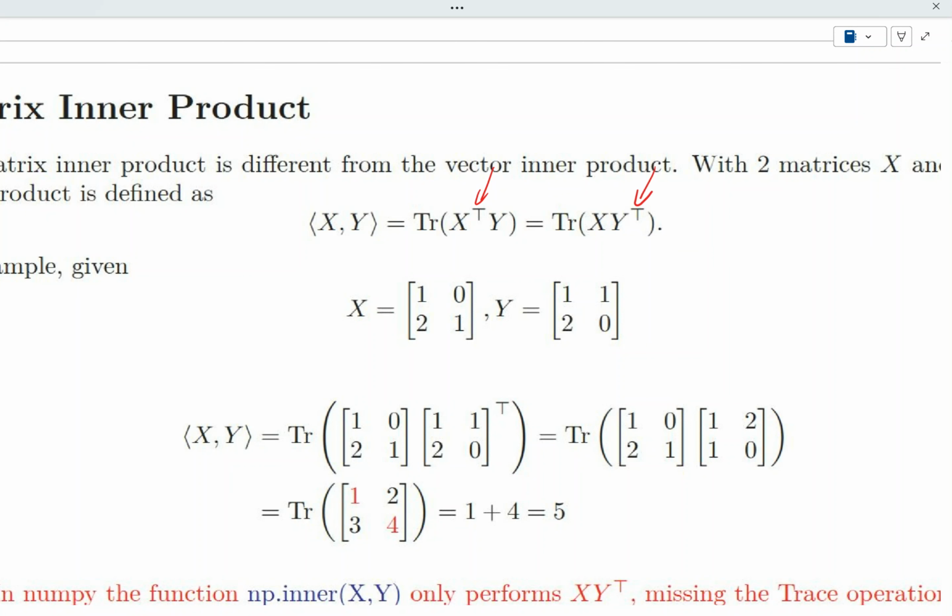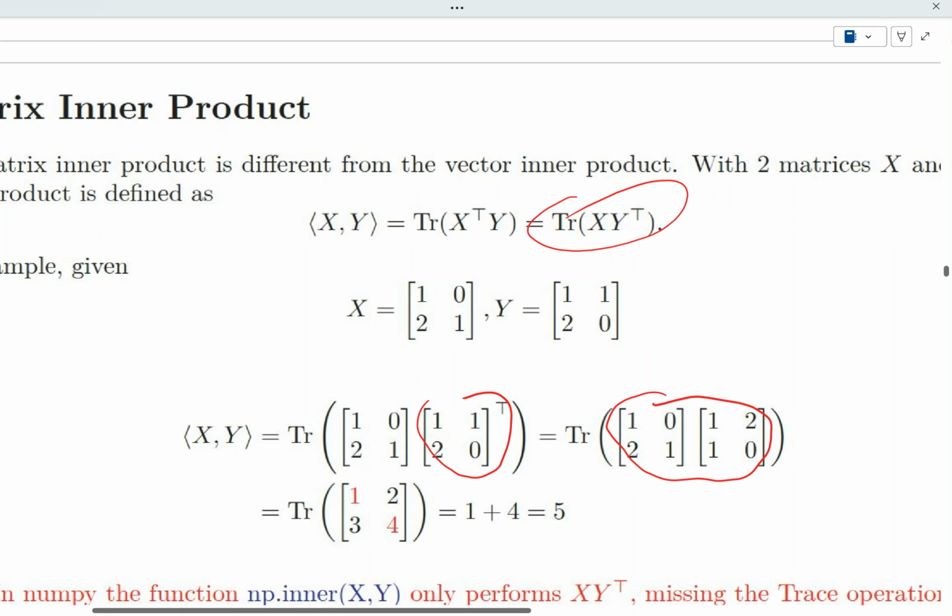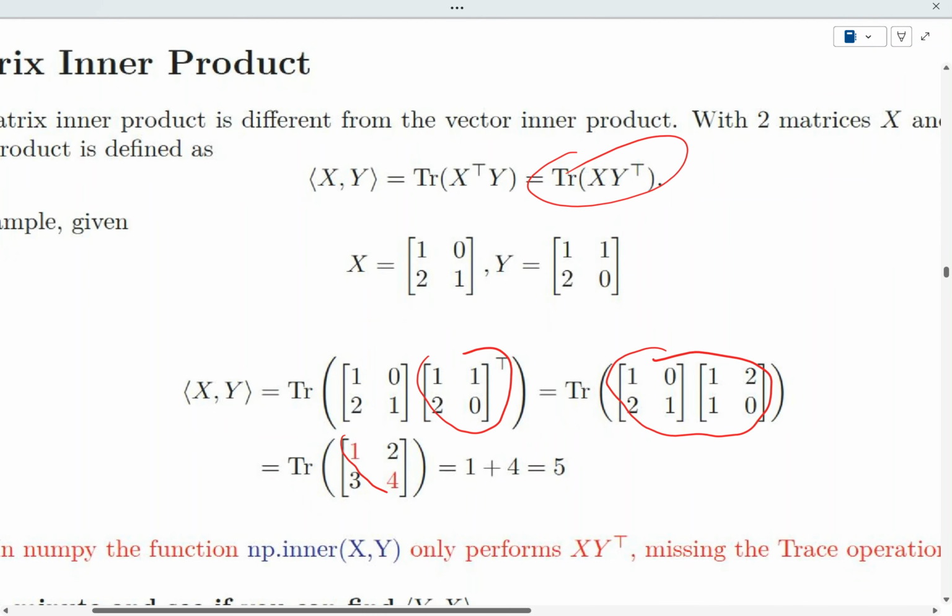So for this particular example, if you want to find the inner product between x and y, we can use this definition. And basically, we take the first matrix and the second matrix, x and y. And what we do is we just find the transpose of this. So transpose becomes this. We multiply them together. And then we sum up the diagonal, which is equal to 5.